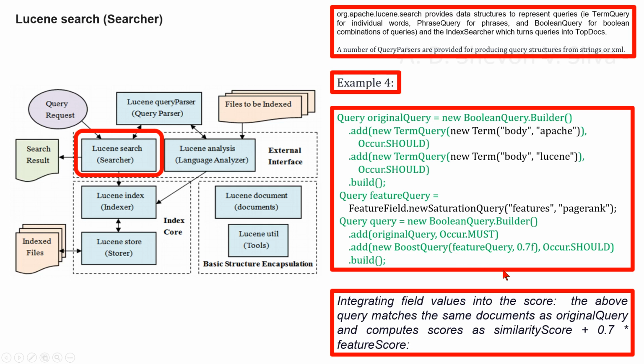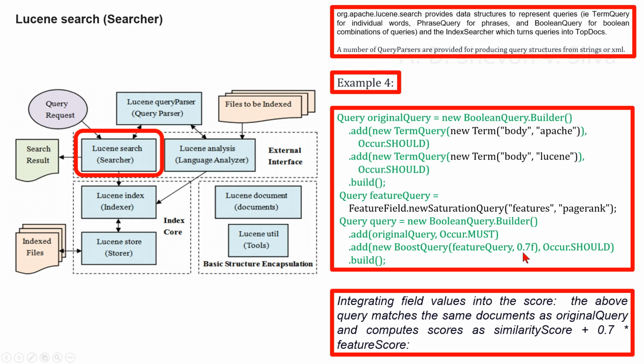While similarities help score a document relatively to a query, it is also common for documents to hold features that measure the quality of a match. Such features are best integrated into the score by indexing a feature field with the document at index time, and then combining the similarity score and the feature score using a linear combination.